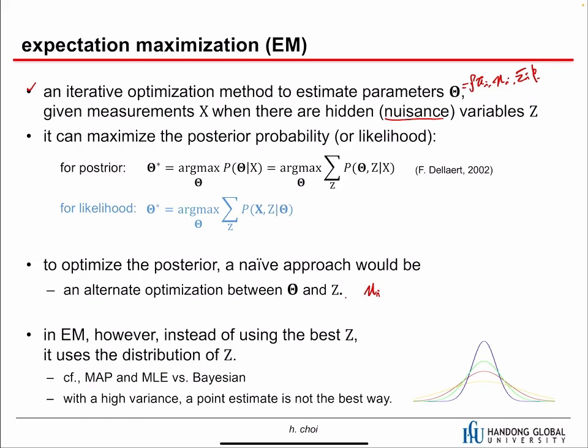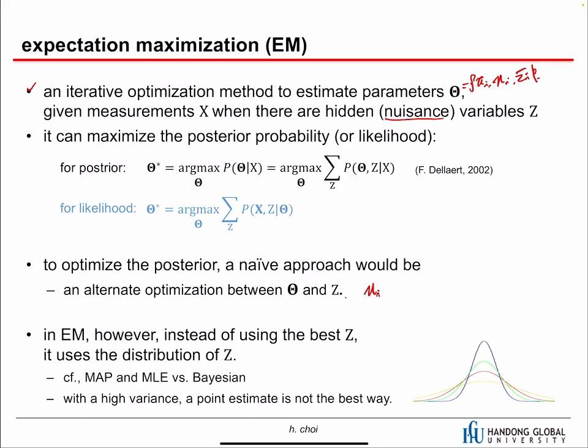Okay, so this is quite an important concept. So we can find the best z, and we can update the parameters based on the best z. But this is not perfect. Instead, we can use the distribution of z.